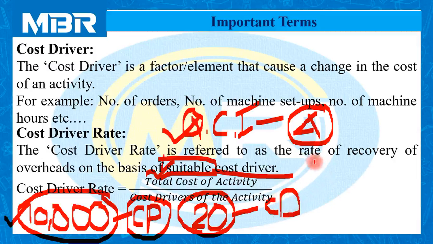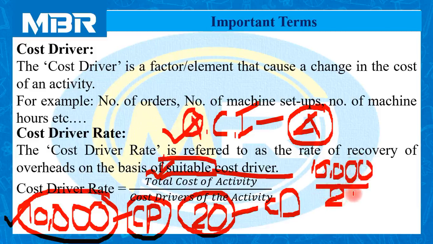And the cost driver rate is 10,000 rupees total cost divided by 20 tasks performed, so the cost driver rate is 500 per quality control or inspection.